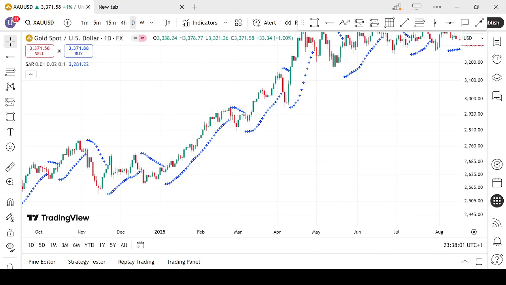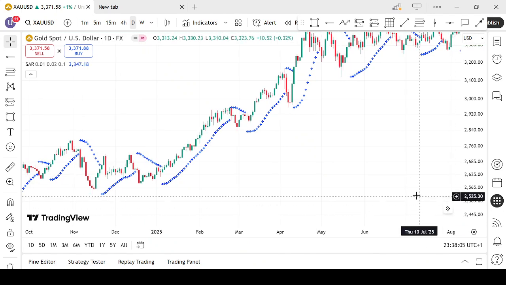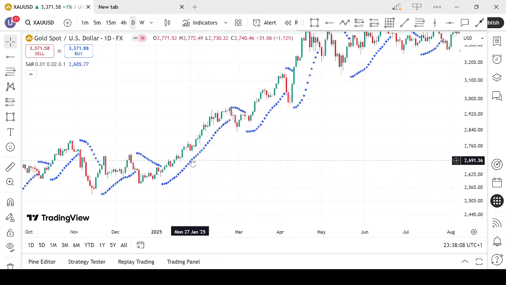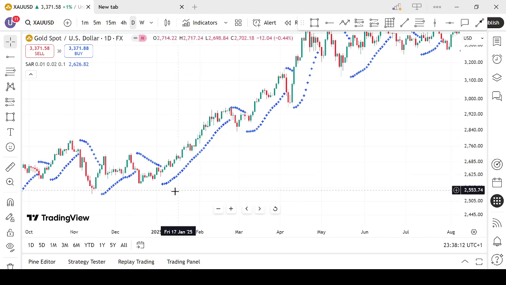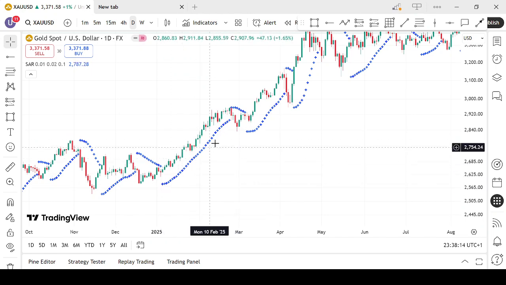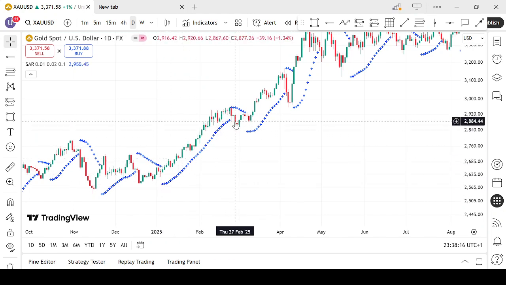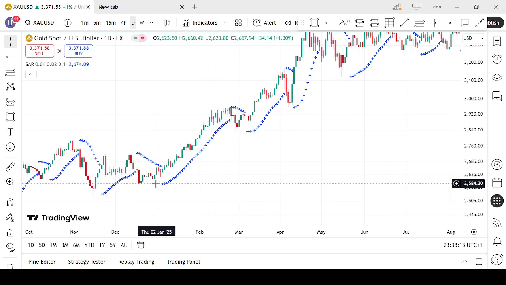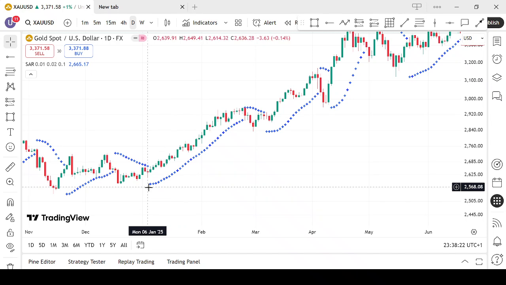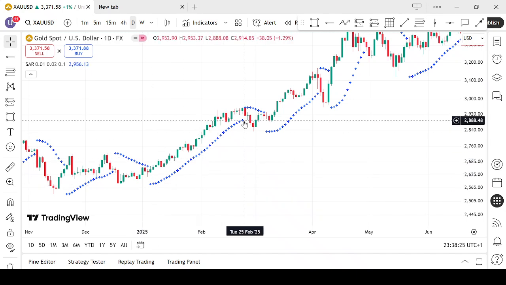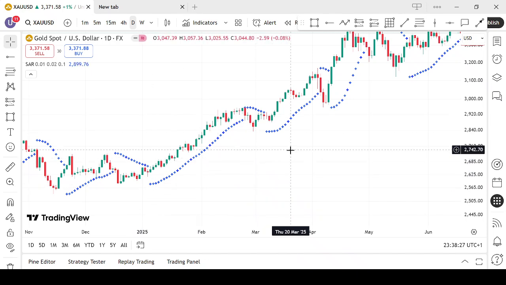Now, when you notice these dots appear below price during an uptrend, it means that the market is in a bull run, and we look for only buying opportunities.